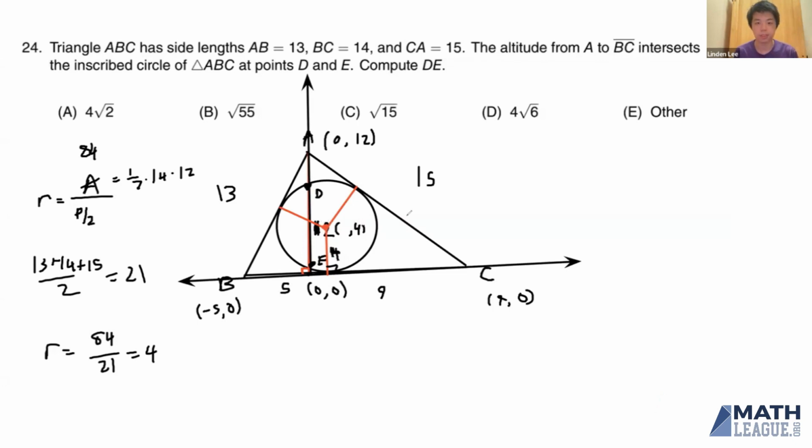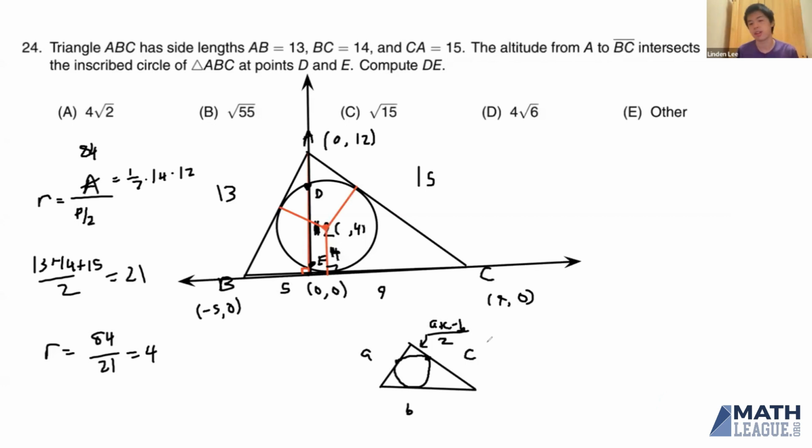Now, in order to find the x-coordinate, there is a formula where if you have any triangle and its incircle, you could find what this incircle splits the sides into by using a formula where if this side is length A, this side is length B, and this side has length C, this length over here is A plus C minus B divided by 2.